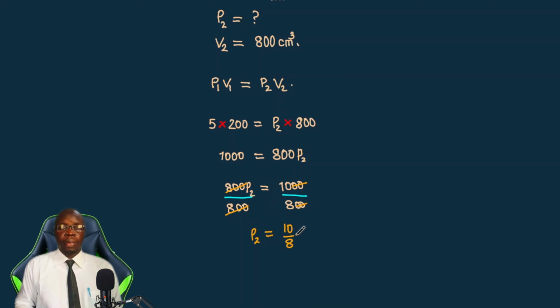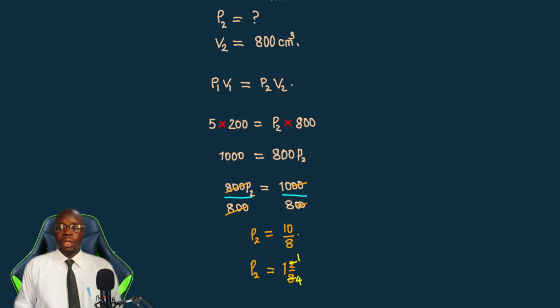over 8, or we can reduce it down as pressure 2 to be, of course, if we divide 10 by 8, it goes 1, and the balance is 2 over 8. And we know that this one also can reduce by 2, 1 by 2, 4.